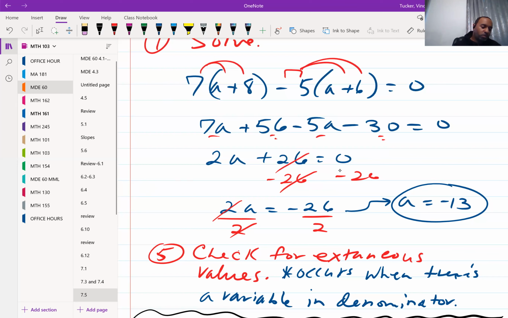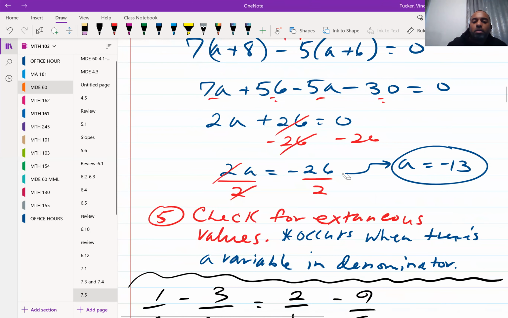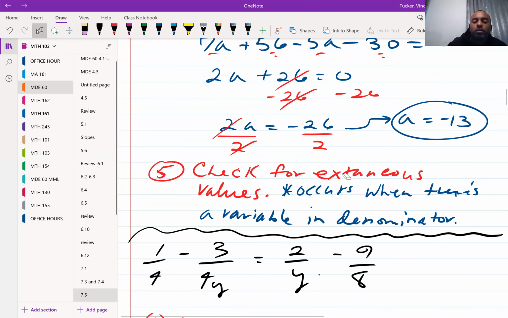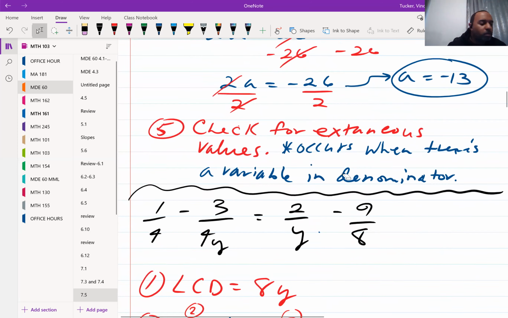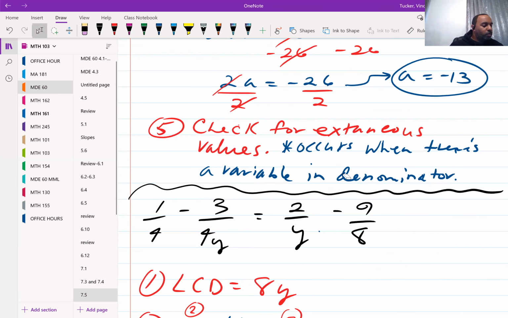Any questions? All right, can we go to the next one? All right, so we have 1 over 4 minus 3 over 4y equal to 2 over y minus 9 over 8.